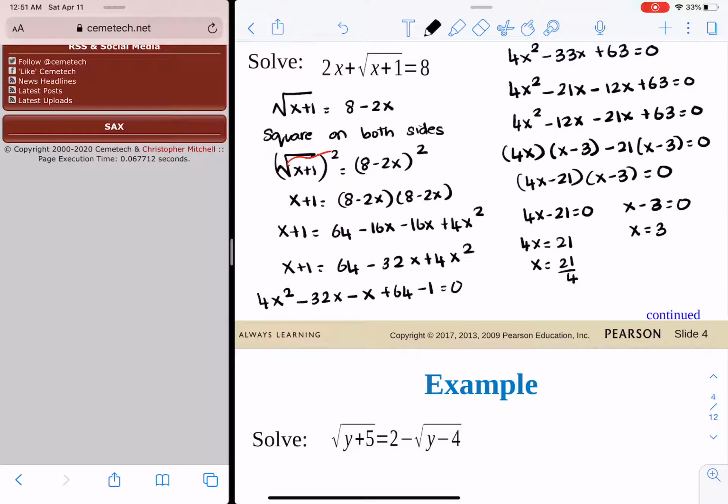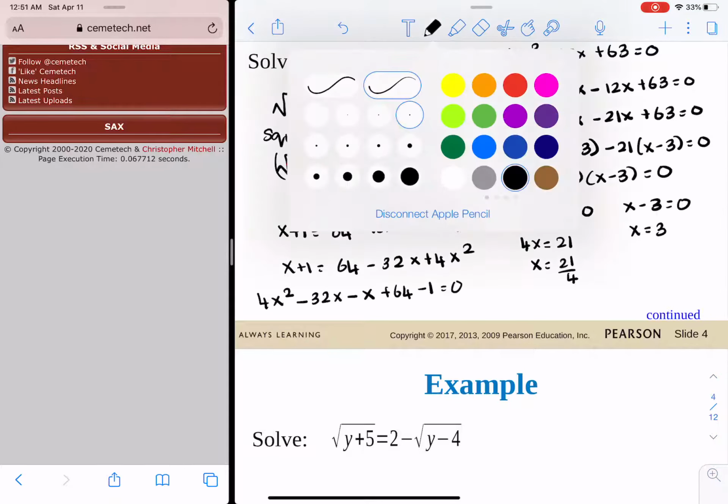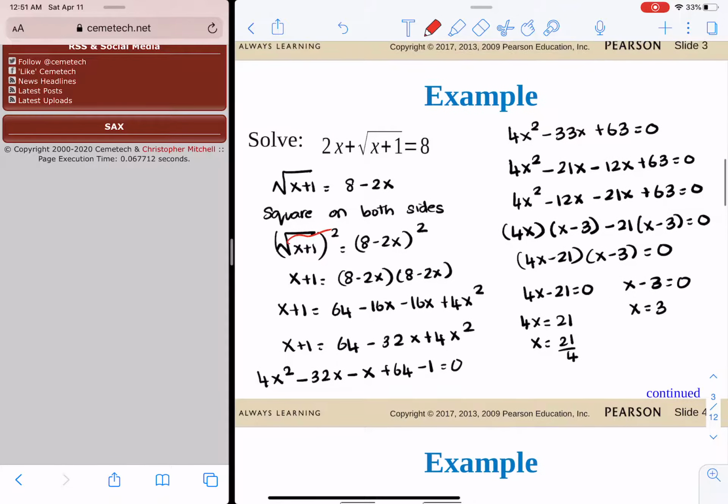Don't forget to check. I'm going to check here on this side. So I'm going to plug in 21 over 4 in the equation. So 2 times 21 over 4 plus square root of 21 over 4 plus 1, which is 21 over 2, plus square root of 21 over 4 plus 4 over 4.